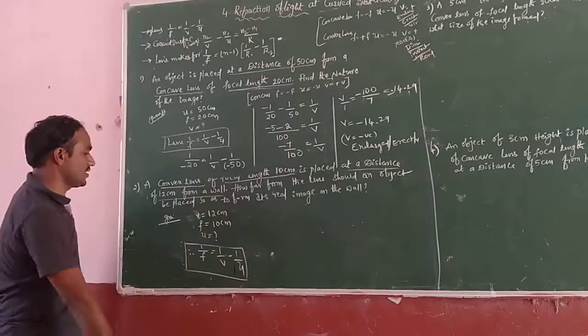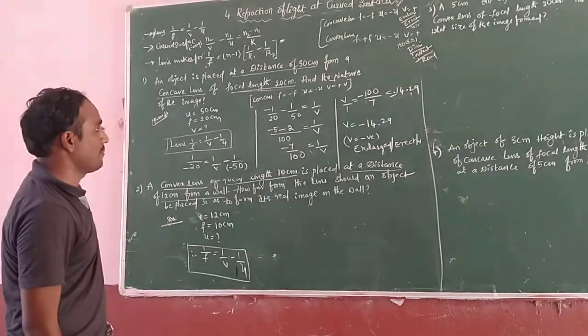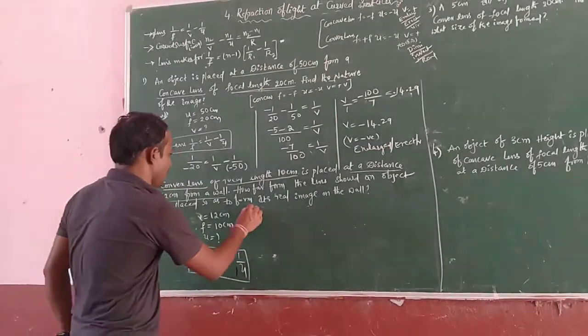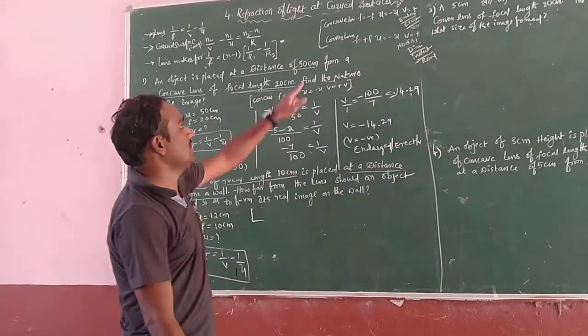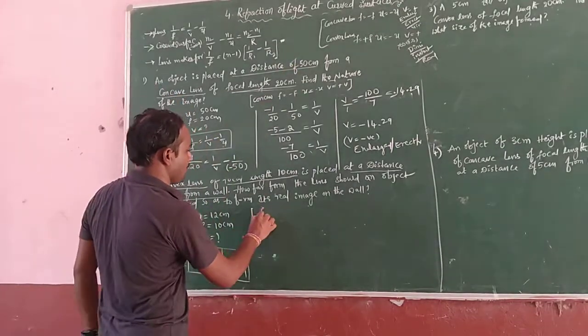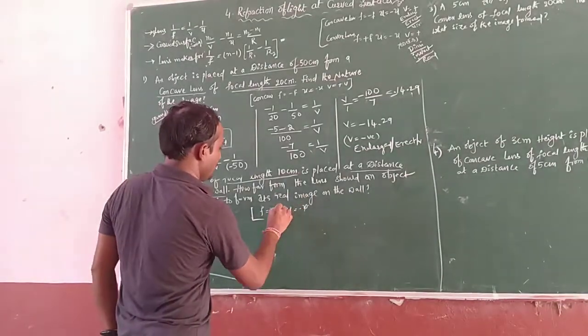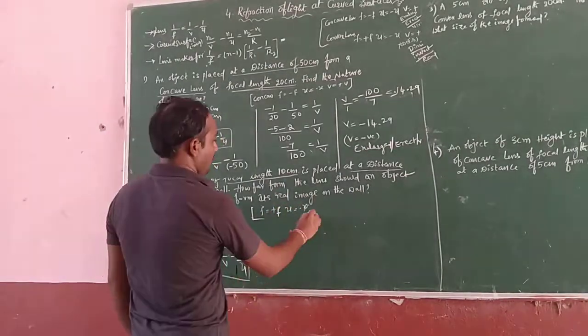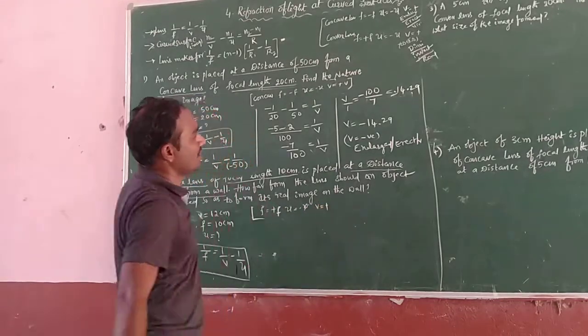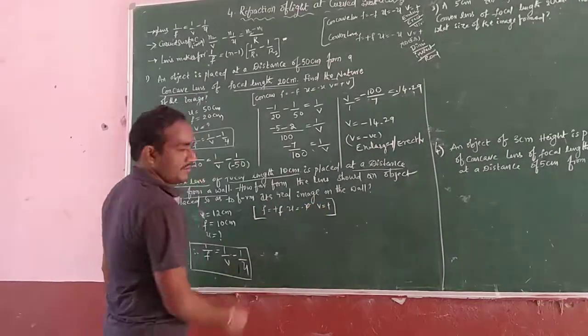According to the sign convention rules, which lens are we applying this to? A convex lens. For a convex lens, we always take the f value as positive and the u value as negative. The v value is positive for a real image.